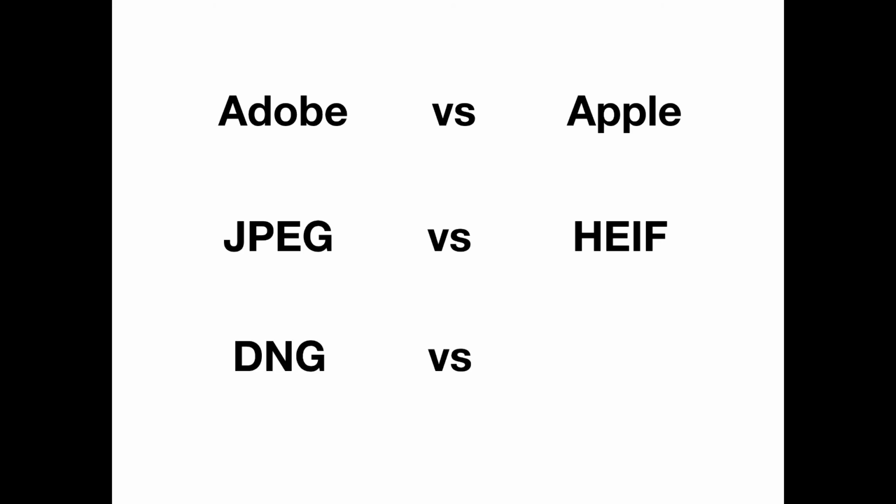I'd also like to point out that HEIF is certainly being promoted by Apple, whereas Adobe likes to promote its own DNG format, which is for RAW rather than a JPEG replacement.